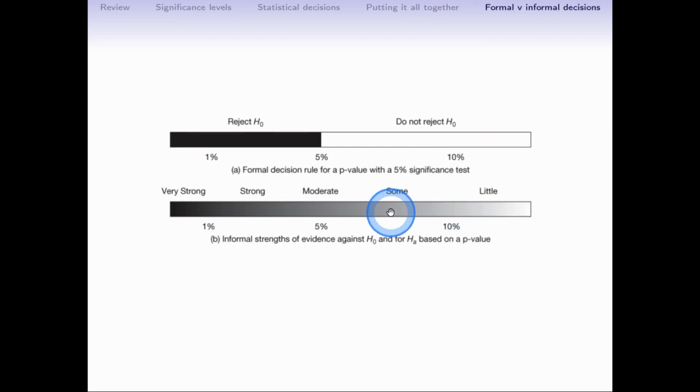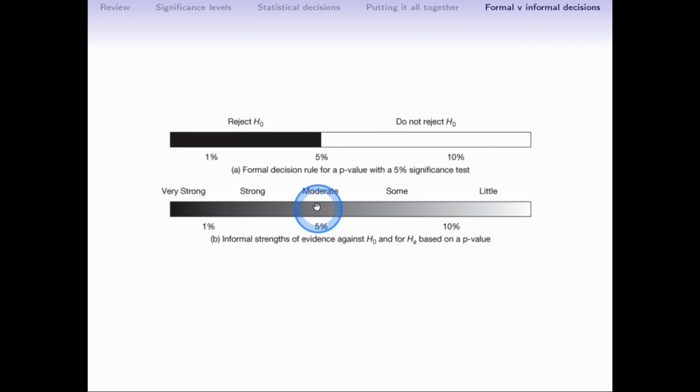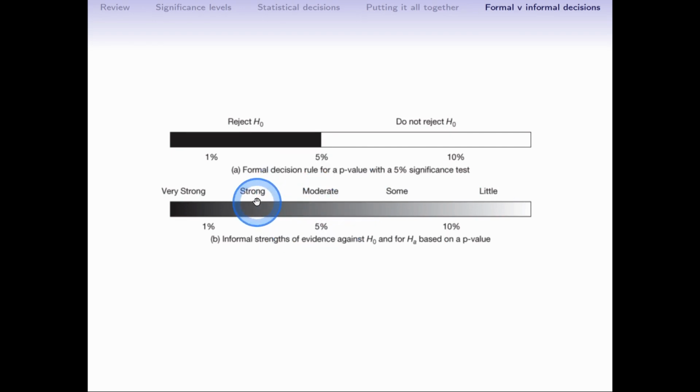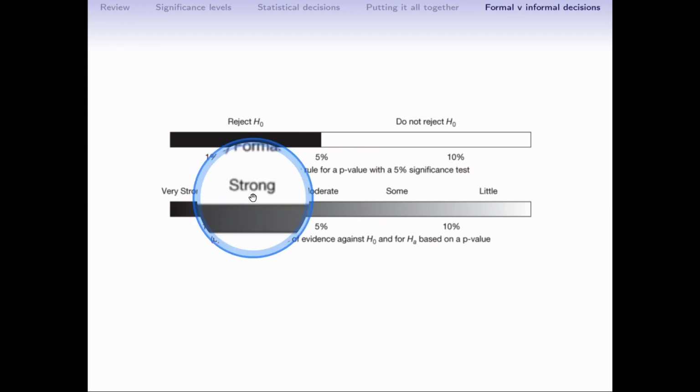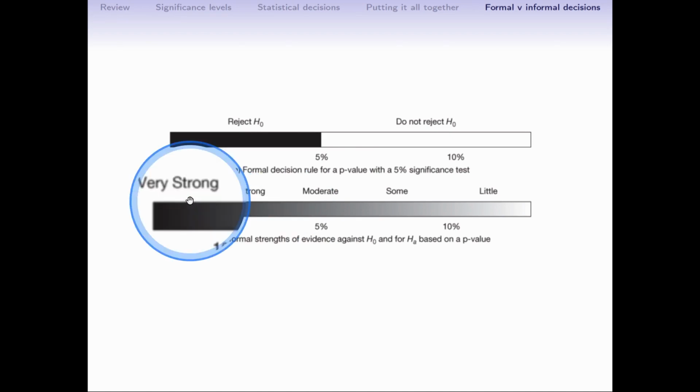Whereas for a p-value of 8%, we might find some evidence in support of the alternative hypothesis. At 5%, we might call that moderate evidence. And down around 3%, we might find strong evidence. And then at 1% or less, we might say that the evidence is very strong, right?